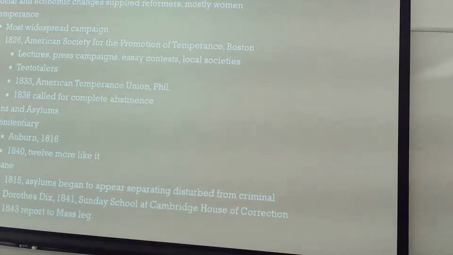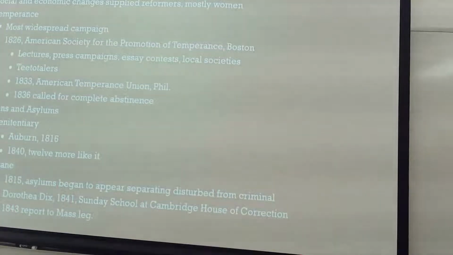But penitentiaries or jails, prisons become a breeding ground for brutality and neglect, even after they start sorting out people based on what they did. The penitentiary system, which is a little bit different, starts at this time in Auburn, New York in 1816. And if you follow the news right now, New York has some major prison issues. I think they've shut down 6 prisons in New York already this year because of violence.